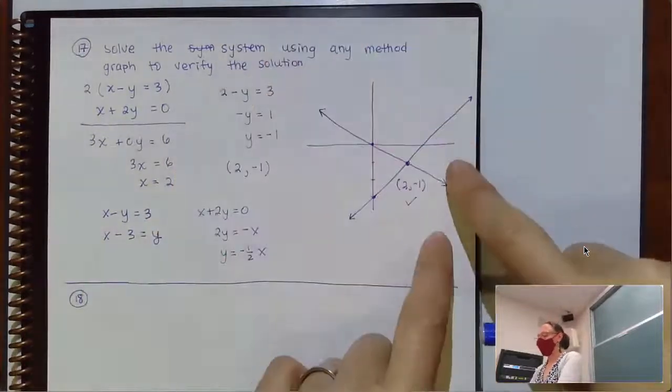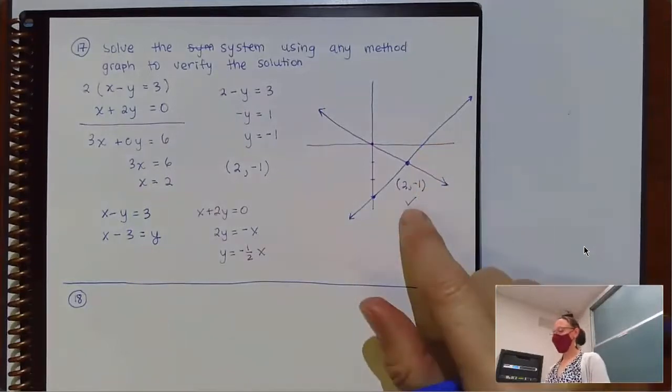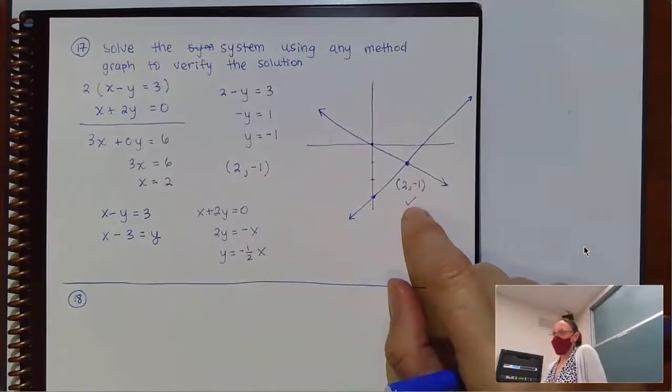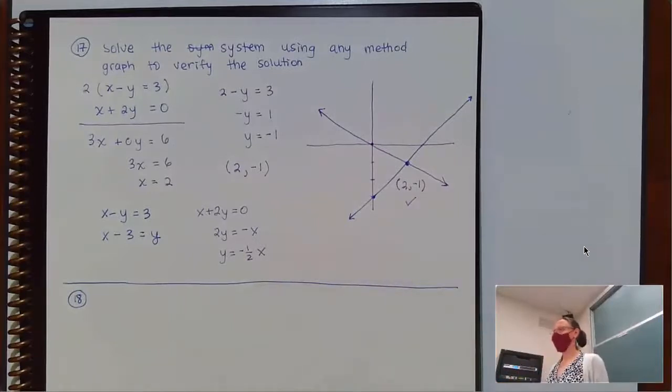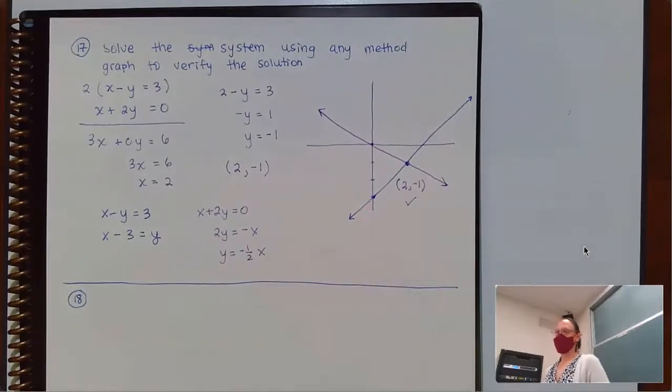But to show the graph, what I need to show is that they intersect at 2, -1. You don't have to use the y-intercept to graph them. You just need any 2 points. I used the y-intercept to graph. I don't know if that answered your question.